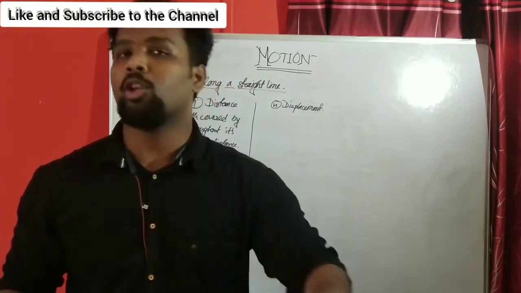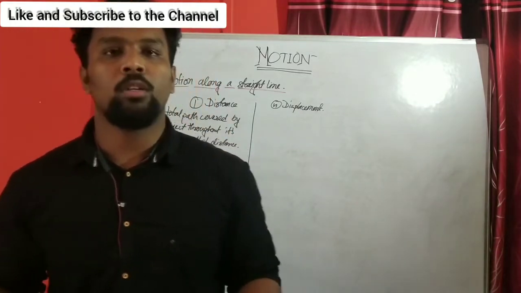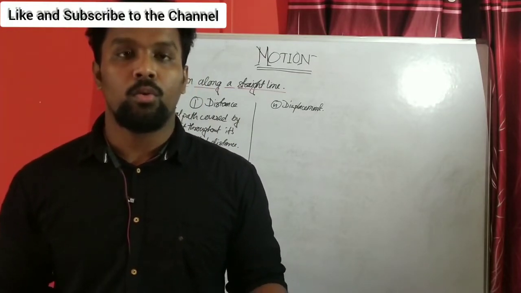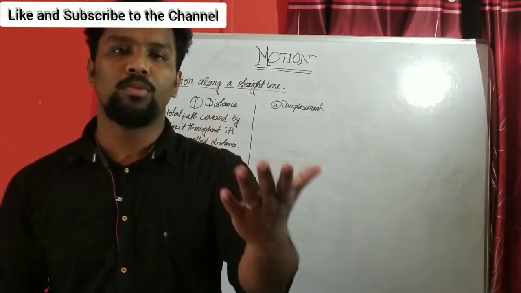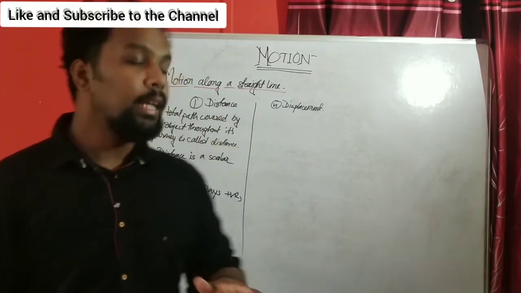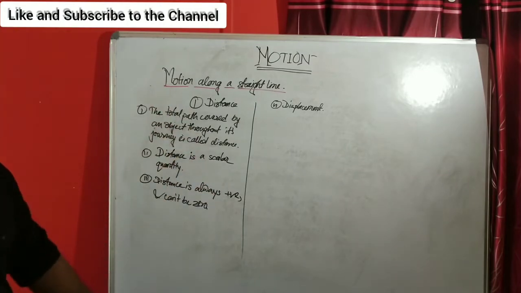And distance cannot be zero because it's the total path. If an object is not moving from one position to the other, it has no distance. So if I use the word distance, that means the object has to move from one position to the other, so it cannot have a zero value. Understood? These are the properties of distance.